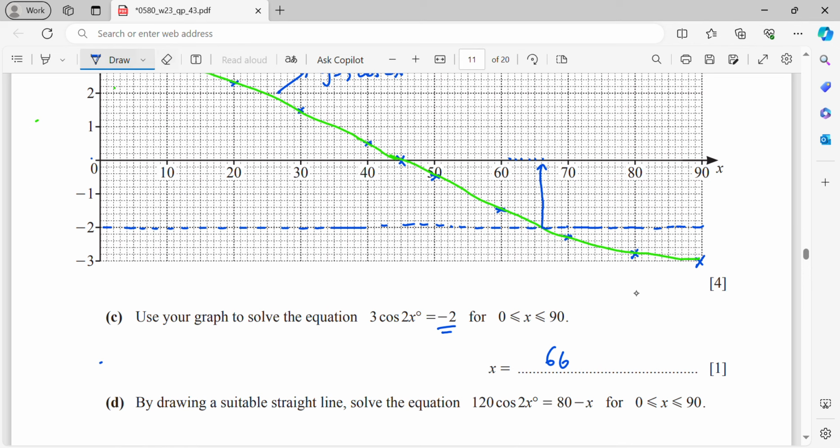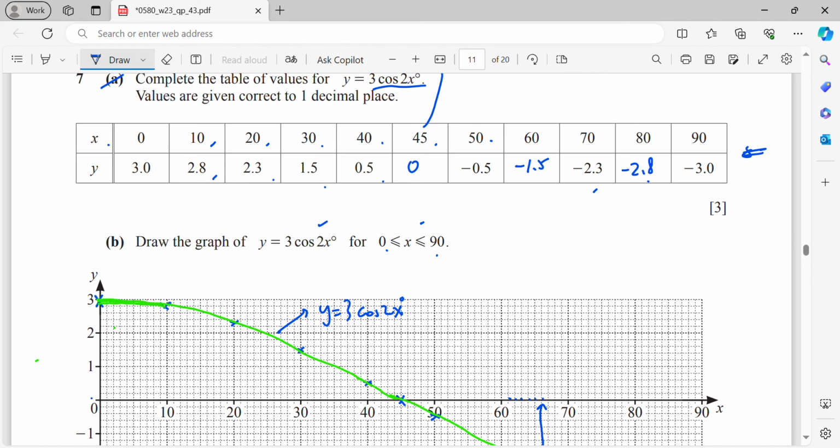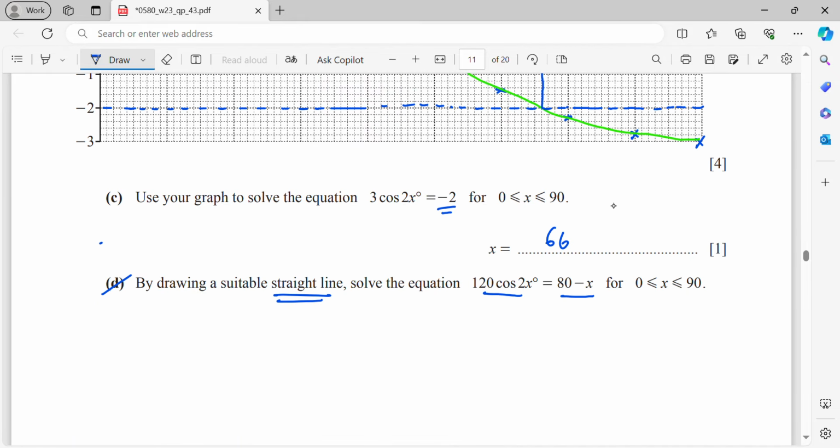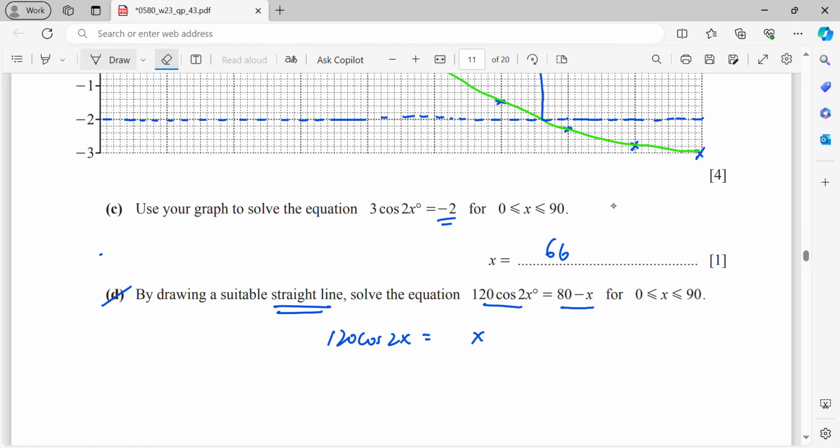Now D, by drawing a suitable straight line, solve the equation 120 cos 2x equals 80 minus x. Remember, your curve is 3 cos 2x. So now I need to get 3 cos 2x instead of 120 cos 2x. To get 3 from 120 means I divide the whole equation by 40.